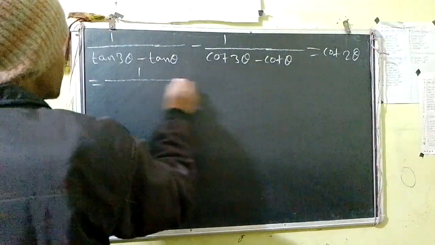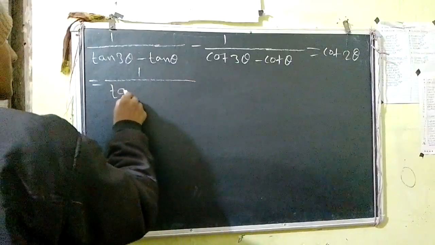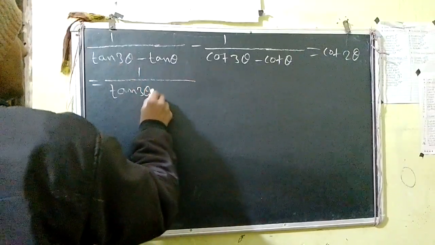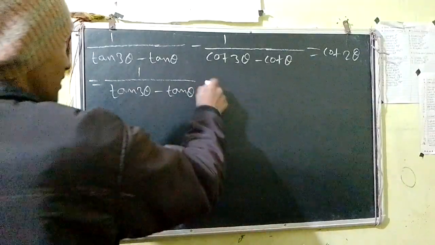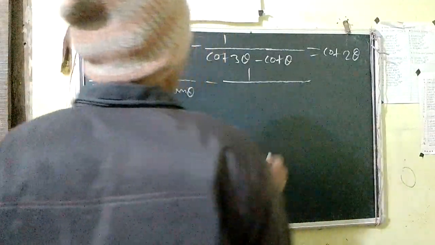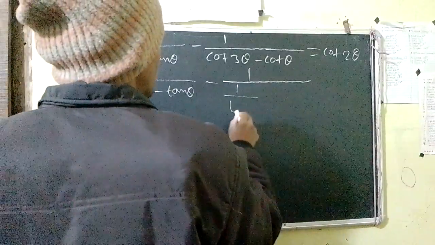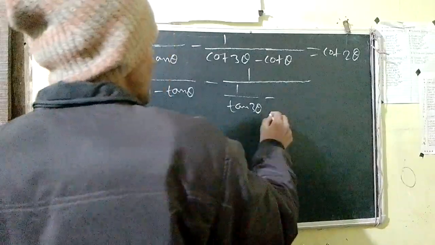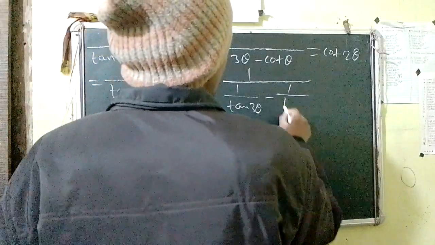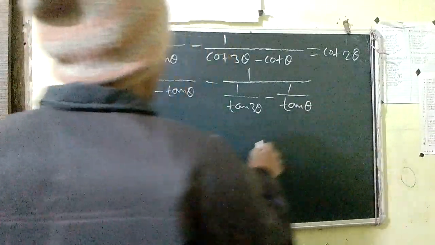So solving the LHS, I'm going to write the first term as it is, verbatim, 1 over tan 3 theta minus tan theta, and this will become minus 1 over tan 3 theta. You want to write this in terms of tangent. This will be 1 over tan theta.